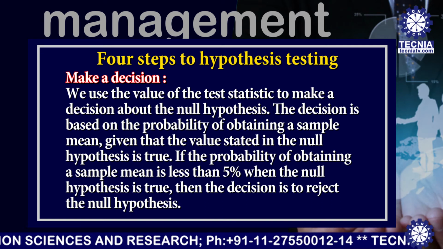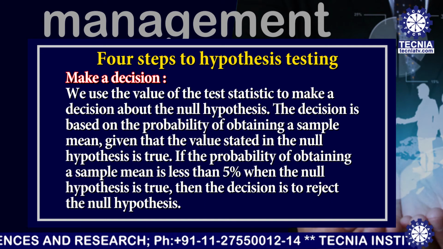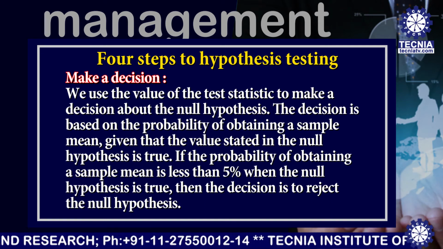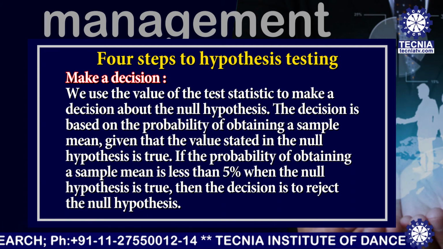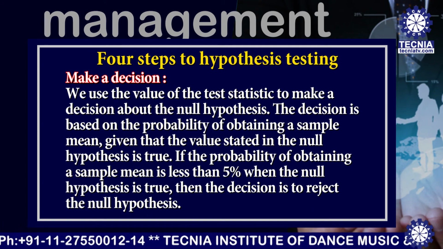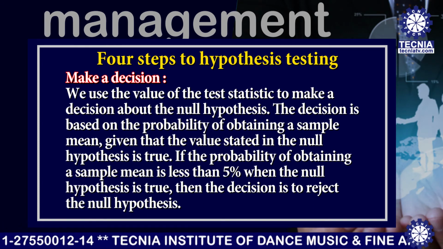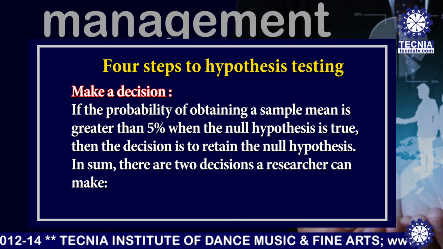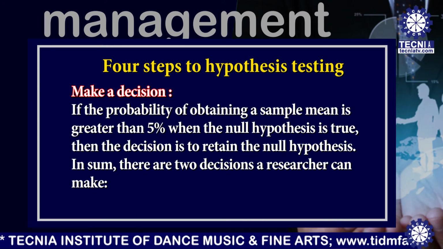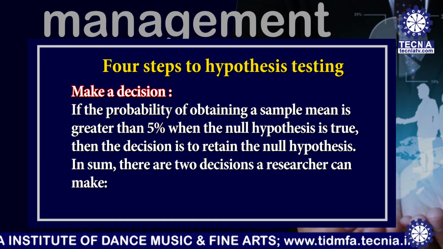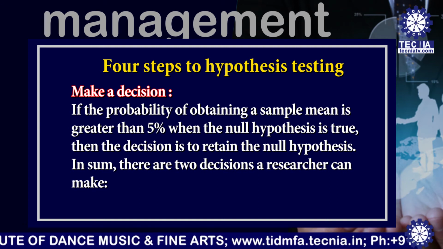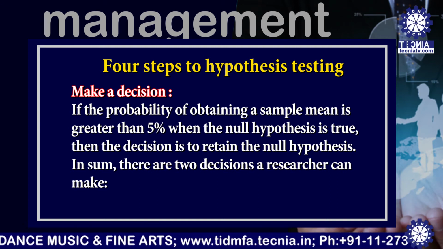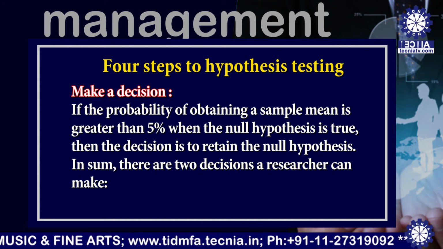If the probability of obtaining a sample mean is less than 5% when the null hypothesis is true, then the decision is to reject the null hypothesis. If the probability is greater than 5% when the null hypothesis is true, then the decision is to retain the null hypothesis.